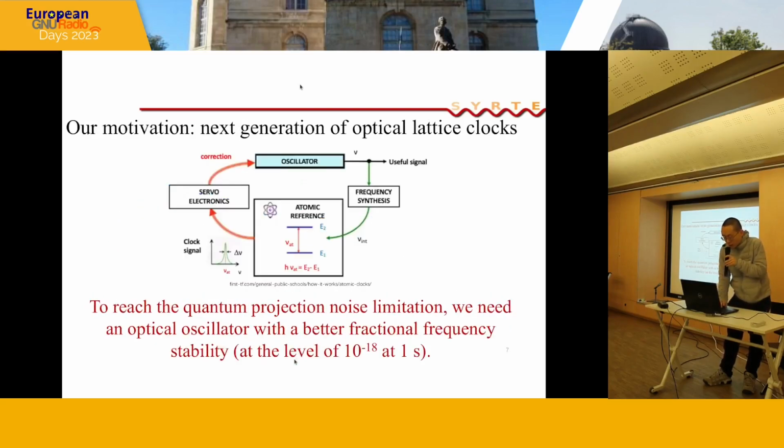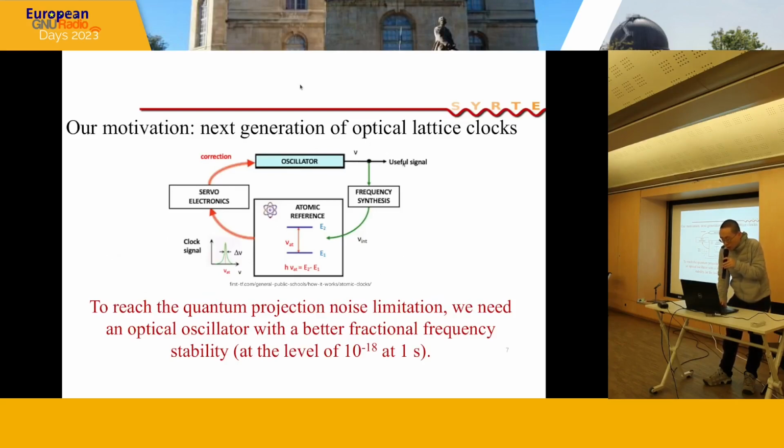And here is an illustration of the next generation of optical lattice clocks, which are atomic clocks. Let me start from the oscillator. And this is what we are making, a laser source. From the laser oscillator, the light is separated into two parts.